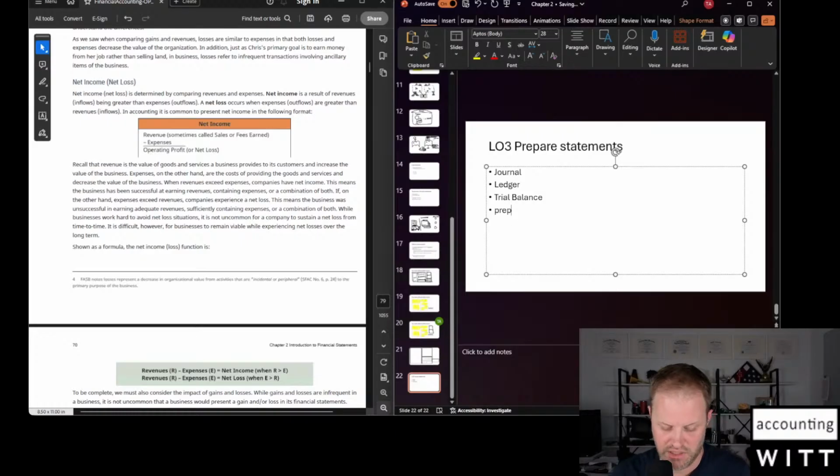Then you can prepare. In order to learn how to journal, you've got to learn that picture. Then you've got to learn transaction analysis.